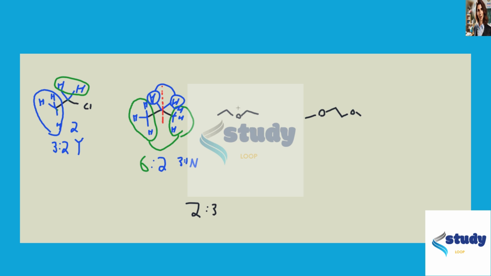Now if we look at the next example, once again, we have an internal plane of symmetry. And if we identify the protons, we see that we have CH2s on each side and CH3s on each side. So once again, what happens on the left must be true for the right.